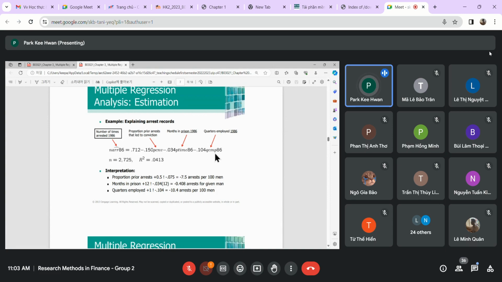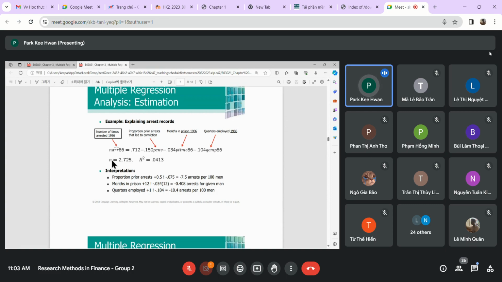And this is the opportunity cost for a criminal. If a criminal can find other opportunity, other job, then the criminal is less likely to commit crime. Okay, so we have a negative sign. So we have three explanatory variables which are supposed to explain the number of times arrested.